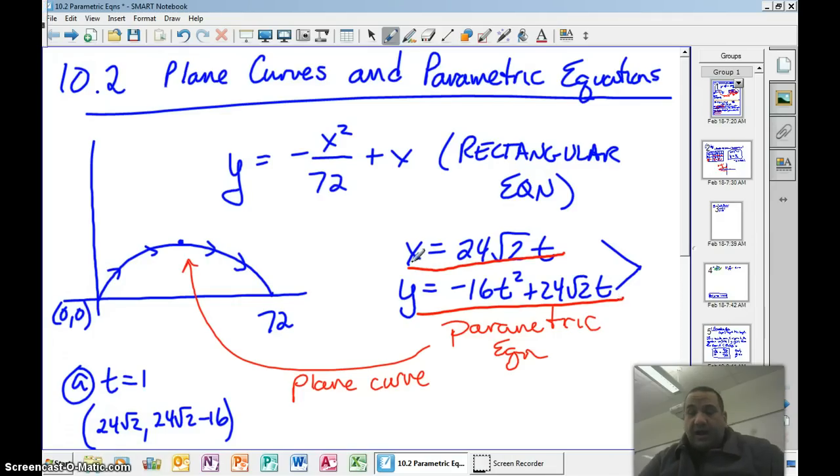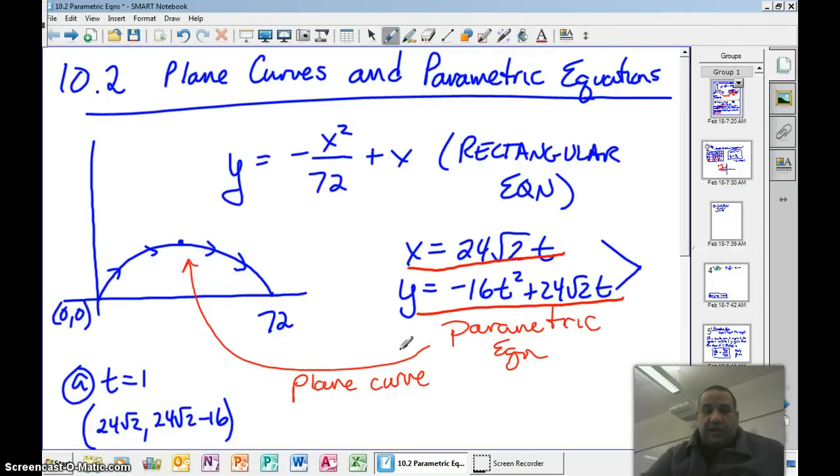So if I plotted x equals 24 square roots of 2t, and y equals negative 16t squared plus 24 square roots of 2t, it's going to be this exact line. But now I get an idea of where things are in x and y with respect to t. Over here in the original, you don't have a time factor, so you can't add that extra variable. That's why parametric equations are so important.